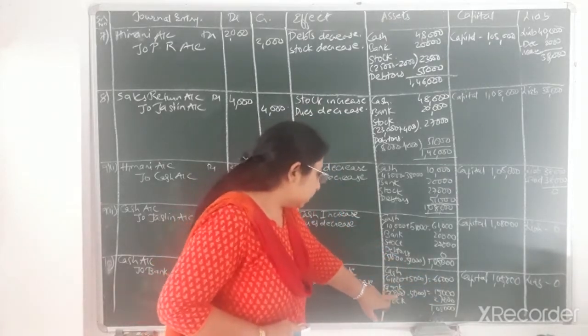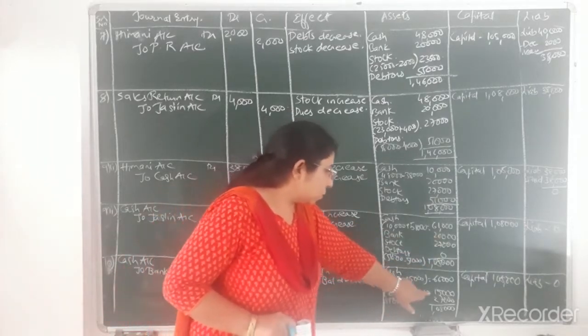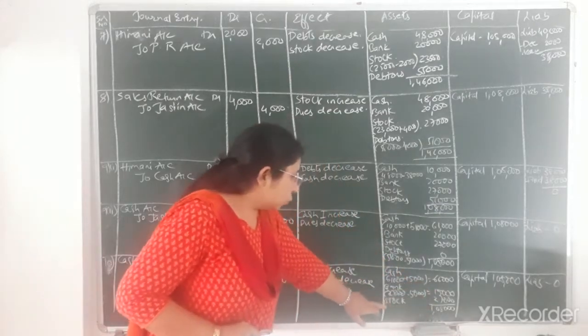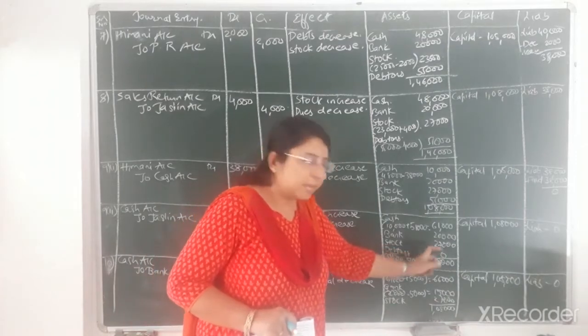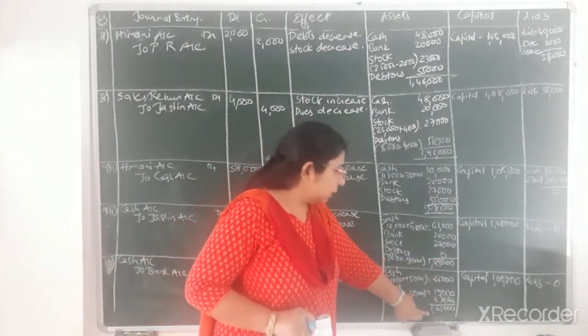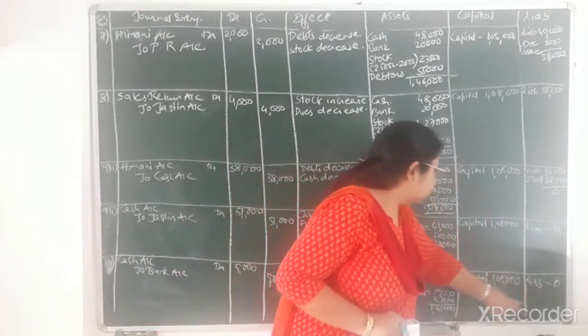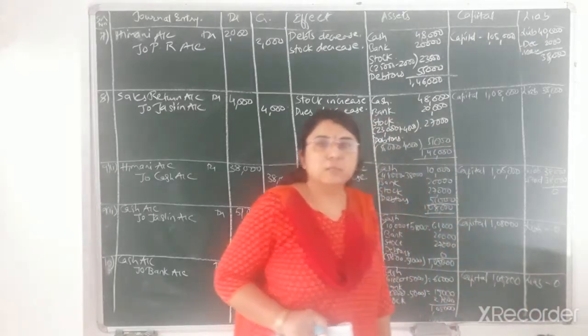Now the bank balance that was 20,000 previously is reduced by 5,000, so the balance of bank would be only rupees 15,000. Stock is as it is, 27,000, and debtors we had already settled, nil balance. So the total value of assets would be 1,08,000. In case of capital and liability, no change. So capital would be 1,08,000 and liability would be nil, that is 0.